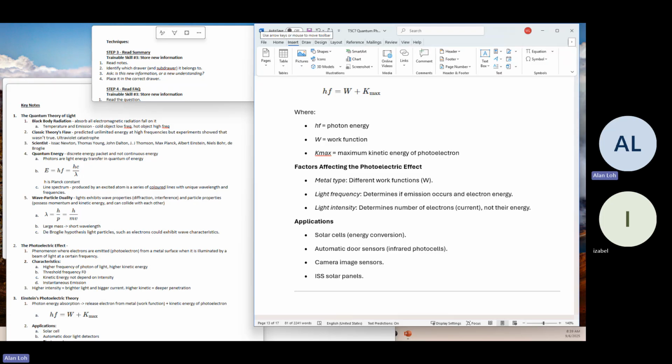So far we have been doing almost the same trainable skill, which is to read, to identify which drawer, and also to find new understanding and then place it to the right drawer. This reading and placing is how we train ourselves to learn like an A student, a more organized student, rather than a B student who randomly puts information wherever he or she wants.